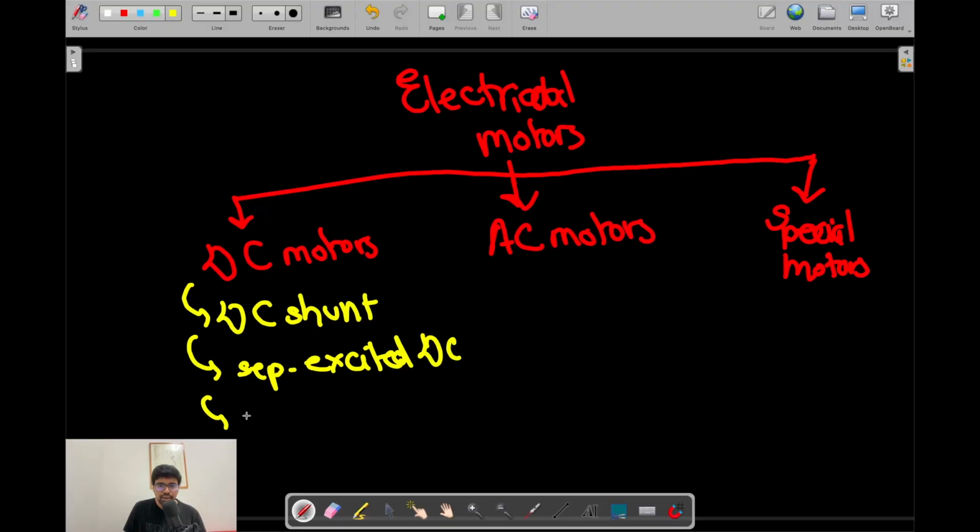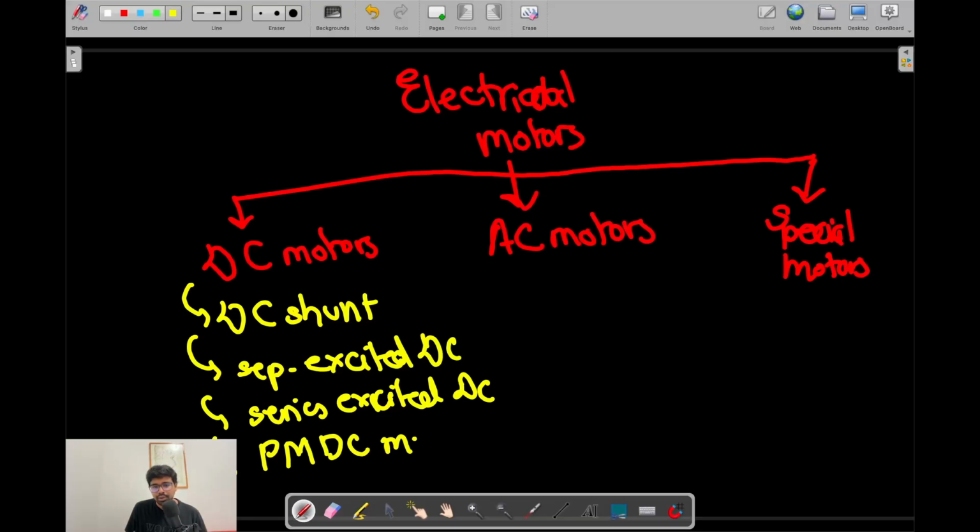Then we have the series excited DC motors. Then we have the permanent magnet DC motors, the PMDC motors, which you might have heard very frequently. And the last one is the compound motors. So these are the types of DC motors.